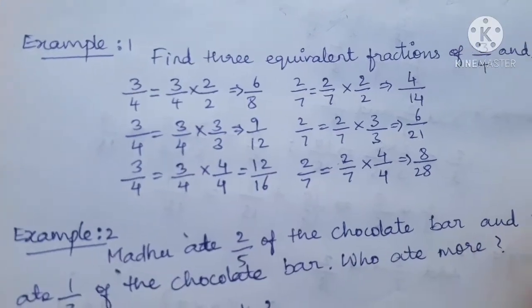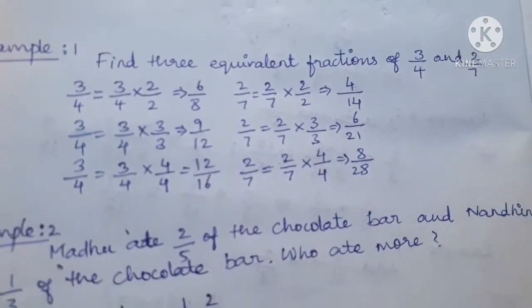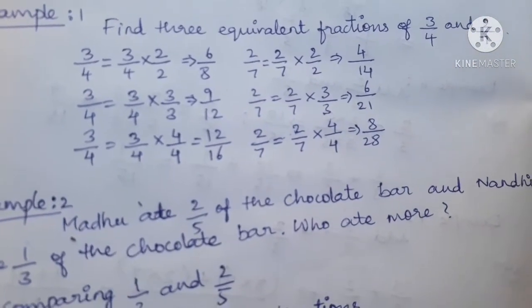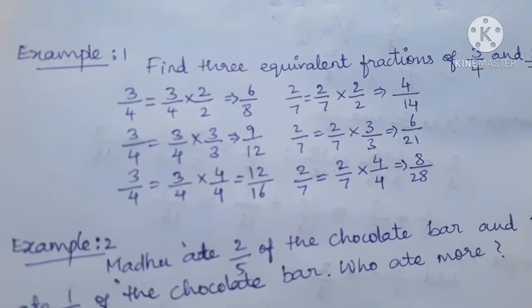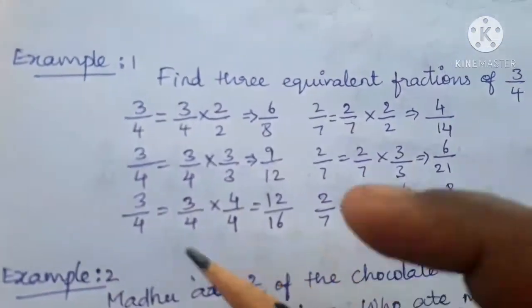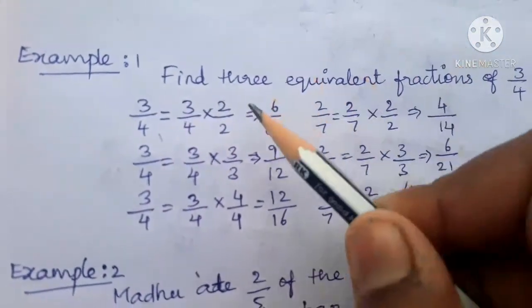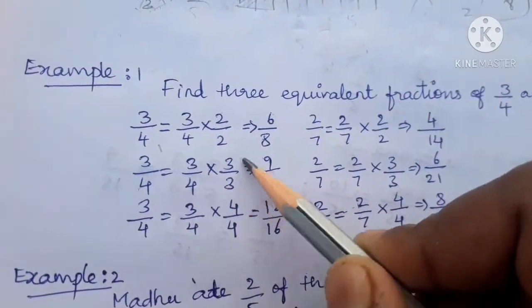The first example is to find 3 equivalent fractions of 3 by 4 and 2 by 7. I told you how to find an equivalent fraction by multiplying the numerator and denominator by the same number. By any number, but it should be the same. So let us take 3 by 4 first. We multiply by 2 by 2, you will get 6 by 8. Then 9 by 12 when you multiply by 3 by 3.